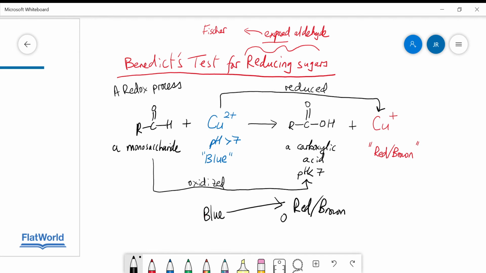So there's orange, yellow, and green in the middle. It could look green, it could look yellow, it could look orange on its way towards looking reddy brown. So be on the lookout for that as well.